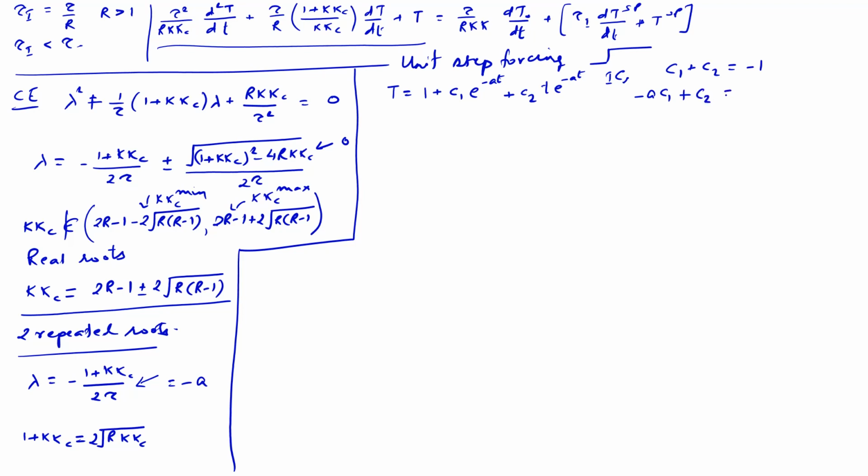This must be equal to 0. So what this gives is that, by the way, this term will not be there because we are multiplying by t.